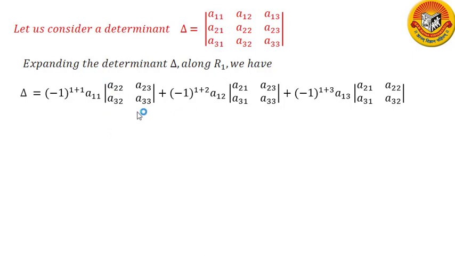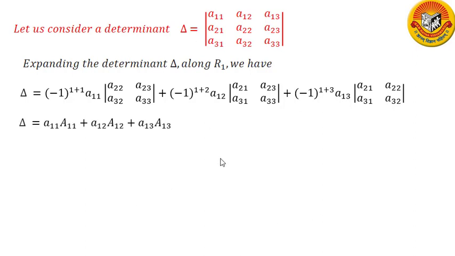Then plus minus 1 power 1 plus 2, because I am taking the second element, into A12. Then I delete this second column and this first row and I write the determinant. Then plus minus 1 power 1 plus 3, because I am taking this third element, into A13 into the determinant, where I delete the first row and third column and write the remaining elements in determinant form. So this is how we calculate the determinant of order 3 by 3.